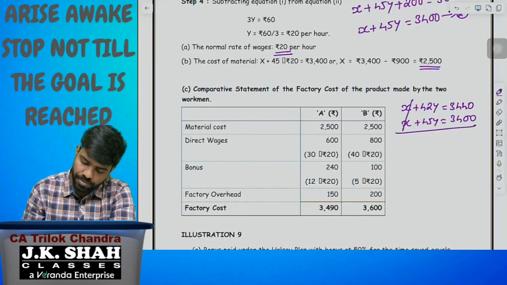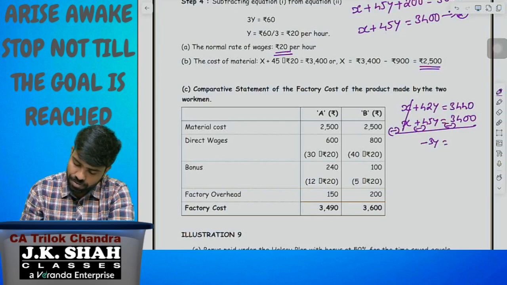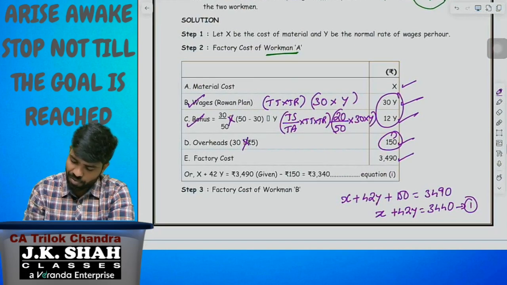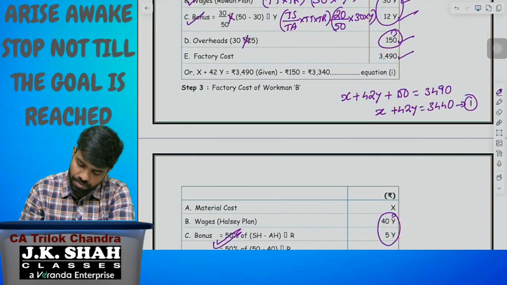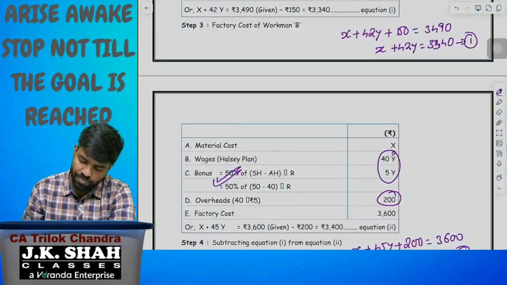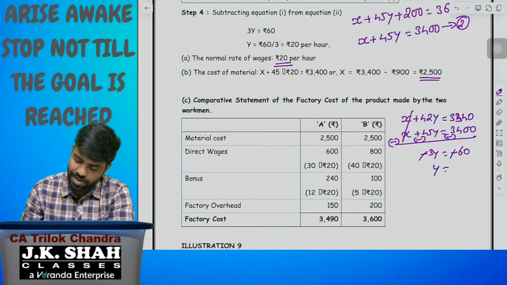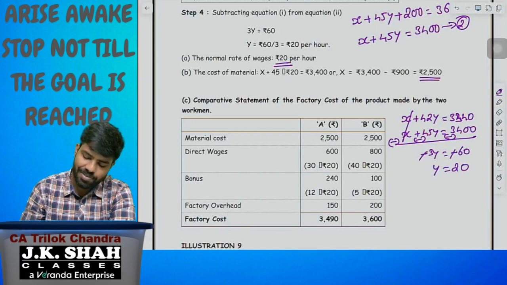If we solve this, change the sign, and x will get cancelled. Minus 3y equals, I think there is one small error: it is not 3,440 but 3,340. x plus 42y equals 3,340. Fine. Here it is 3,340, so it becomes minus 60. Minus minus will get cancelled. y equals 20. Substituting y, we get the x value 2,500.